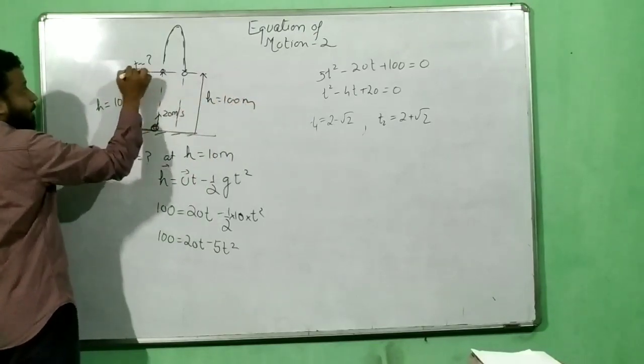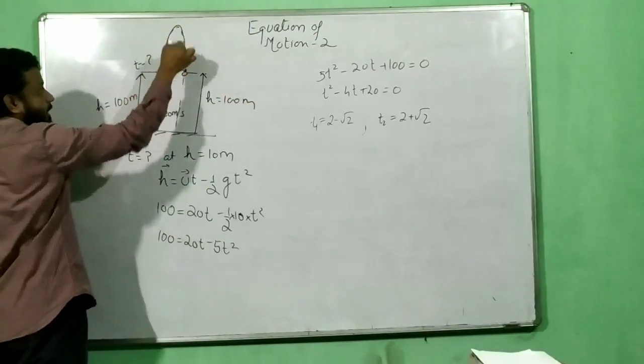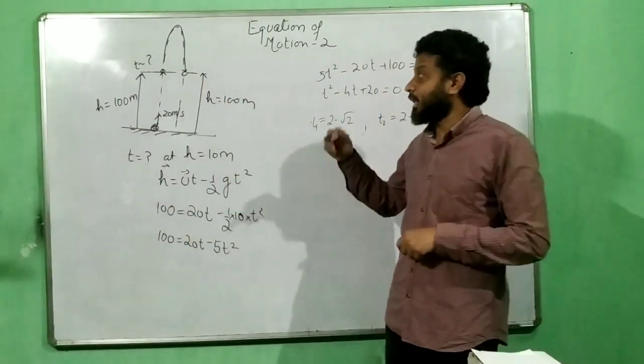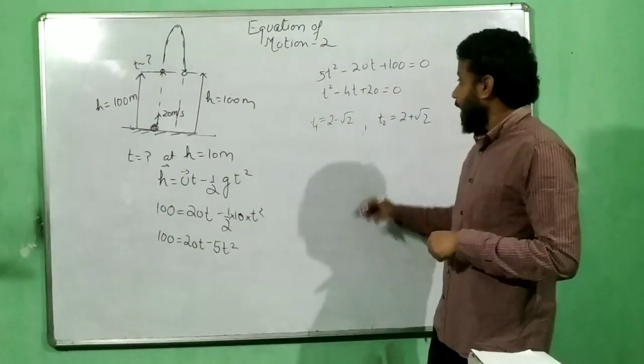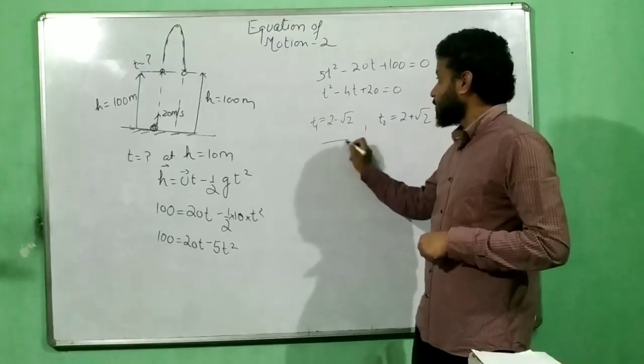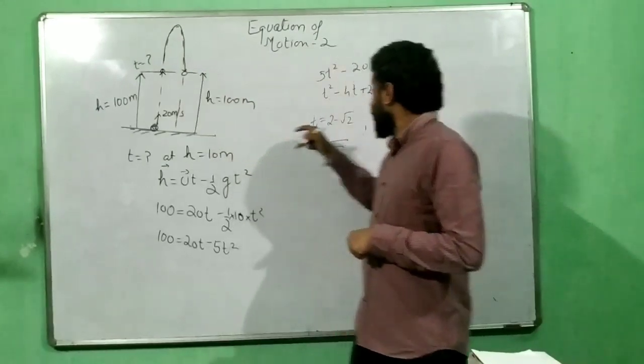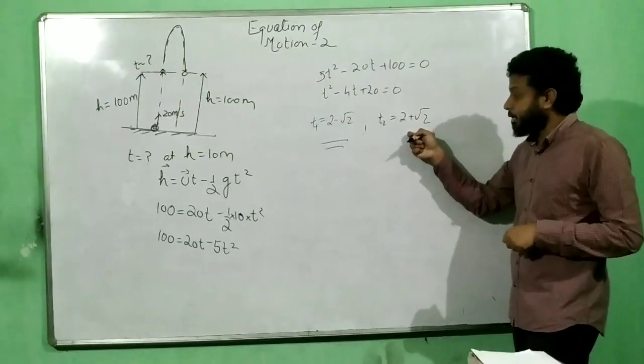These two events happen at two different instants of time. The smaller time is when it is going up, and the larger time is when it is coming back.